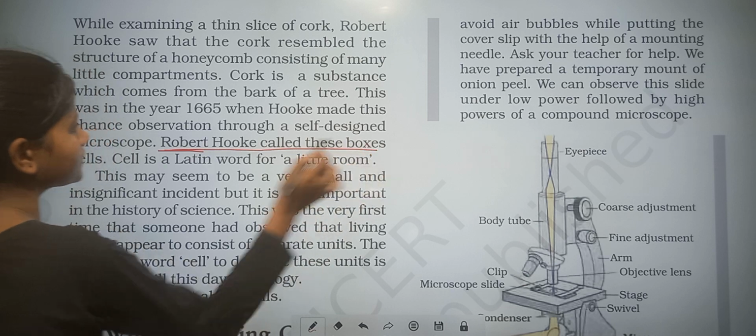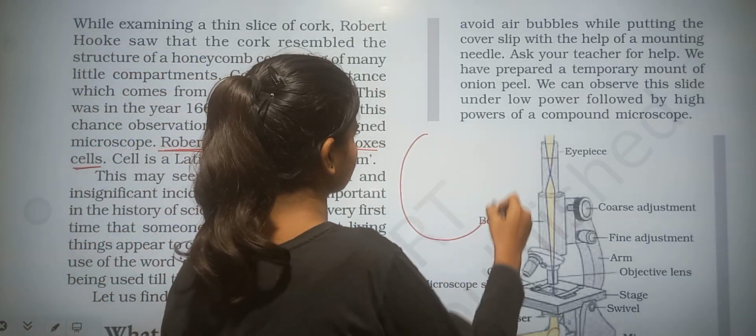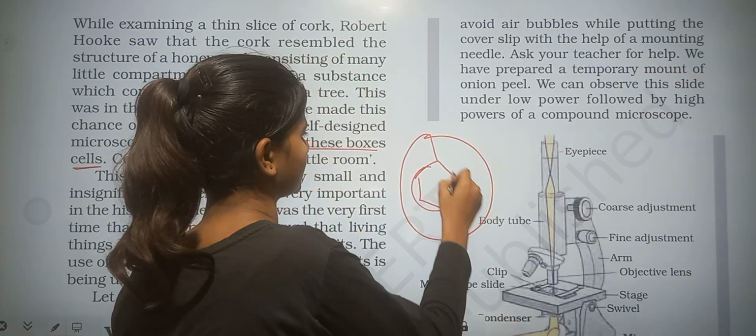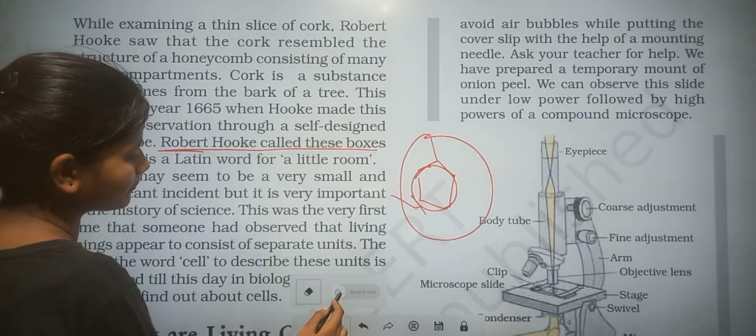Robert Hooke called these boxes cells. This one is called a cell. Okay.